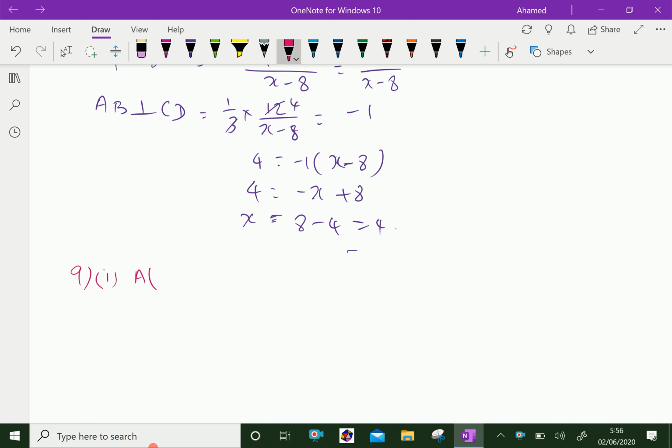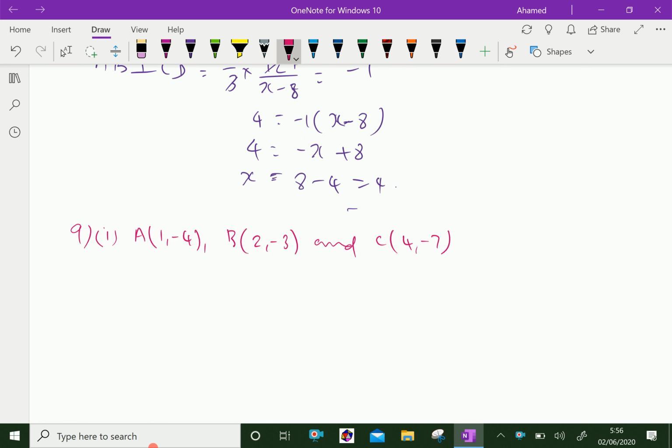Point A is (1, -4), point B is (2, -3) and point C is (4, -7). Now we'll find the slope of the line AB.